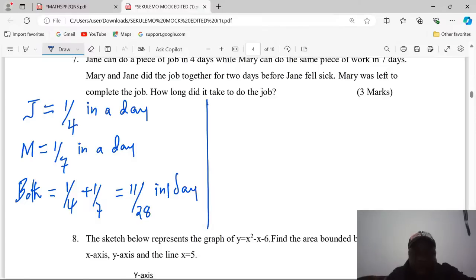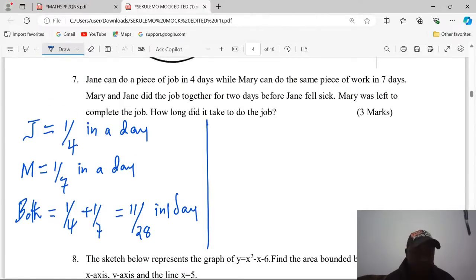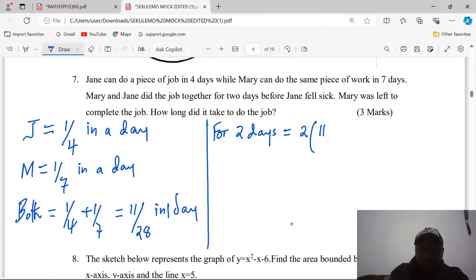The instructions are telling us that Mary and Jane did the job together for 2 days. For the 2 days before Jane fell sick, they work 2 days multiplied by the proportion done in one day. This is going to be 11 out of 14.